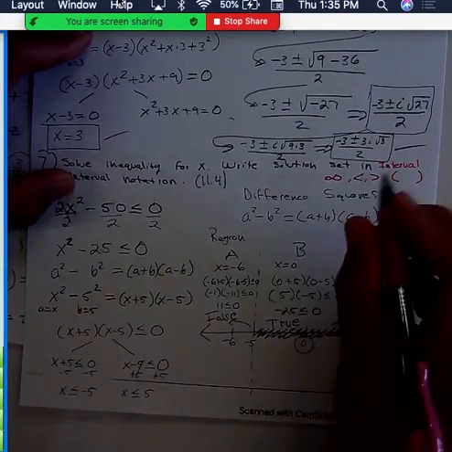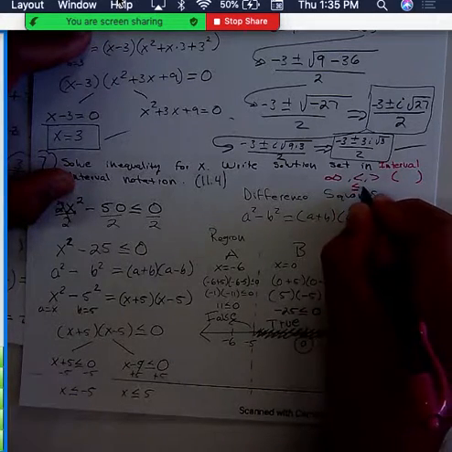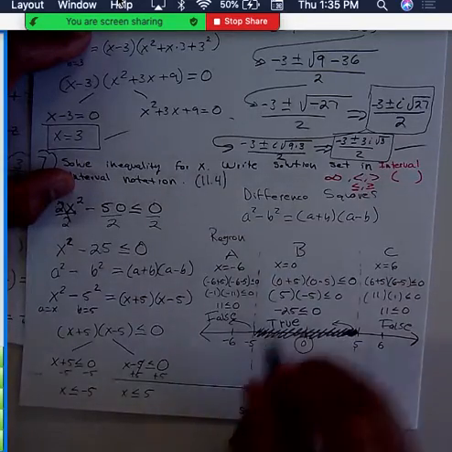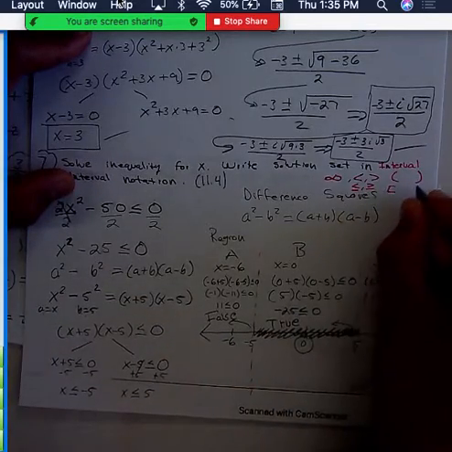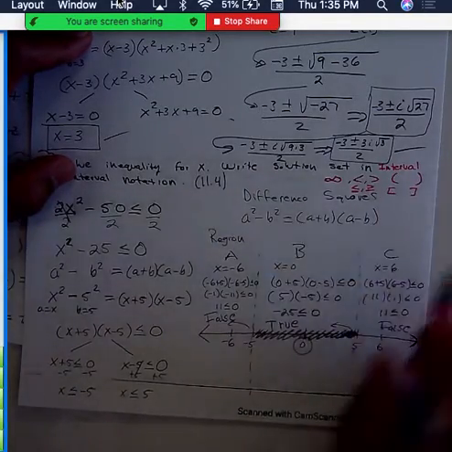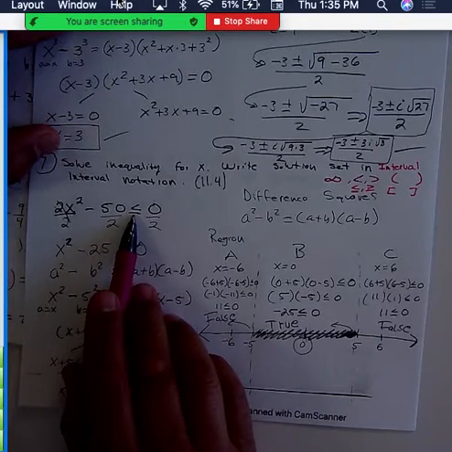If you have the line at the bottom, the less than or equal or greater than or equal, you're going to use brackets. I explained this before. So are we using brackets or parentheses for this one? Look at the original equation.